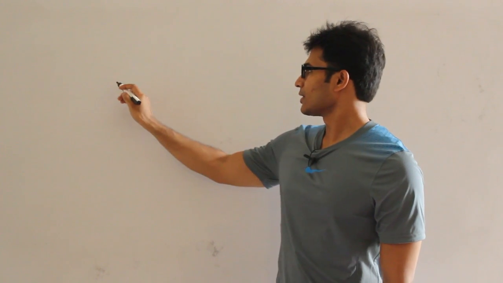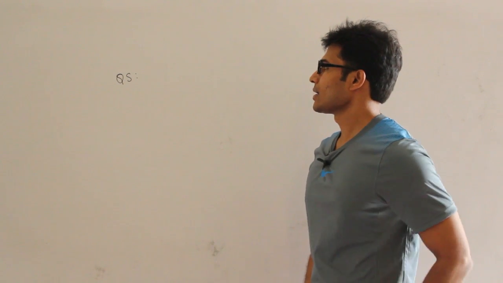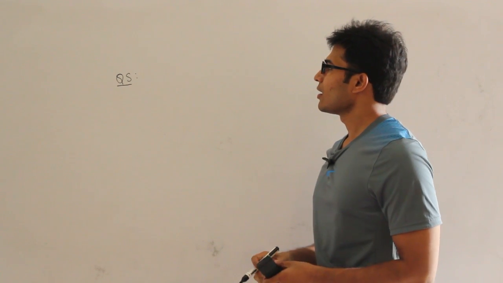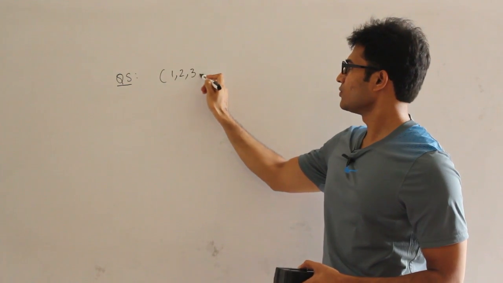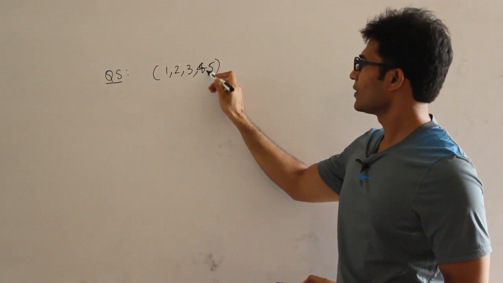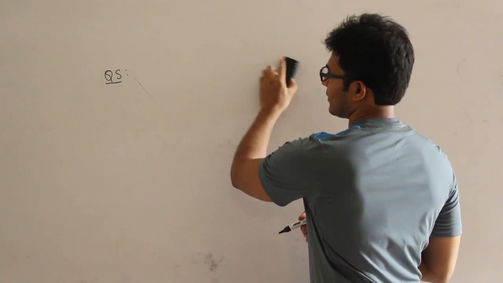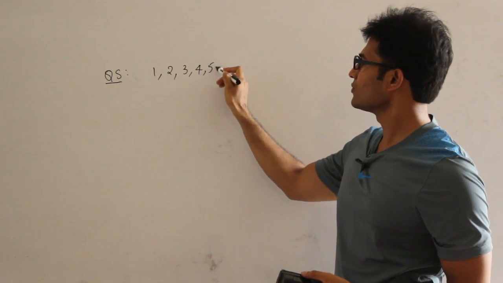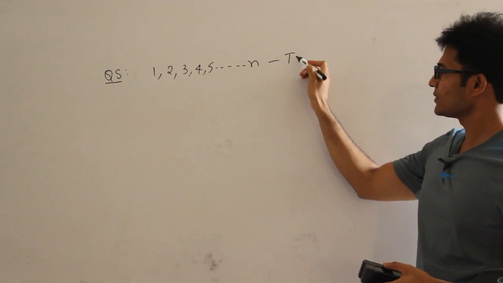And one question is this: they are saying that we are using quicksort to sort all the elements. If the input is 1, 2, 3, 4, 5, and so on up to n, which means all the elements are in ascending order, then the time taken is T1.